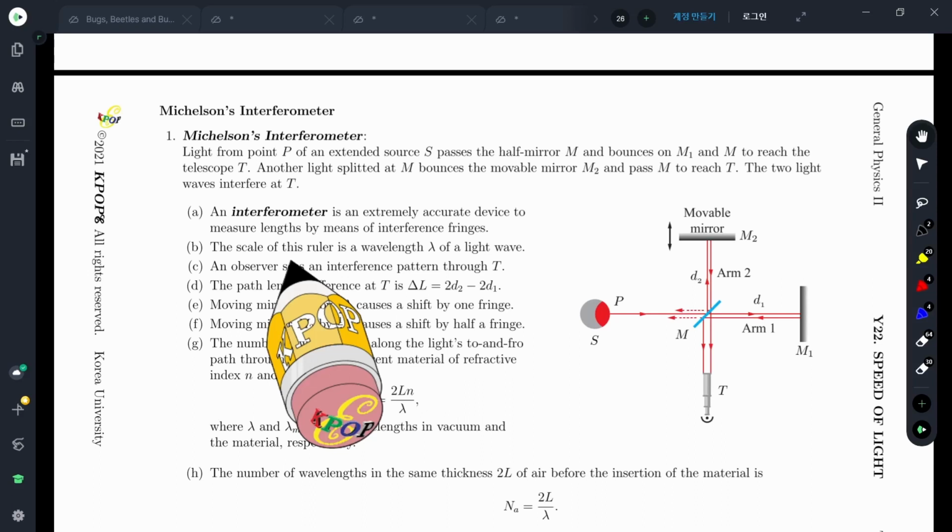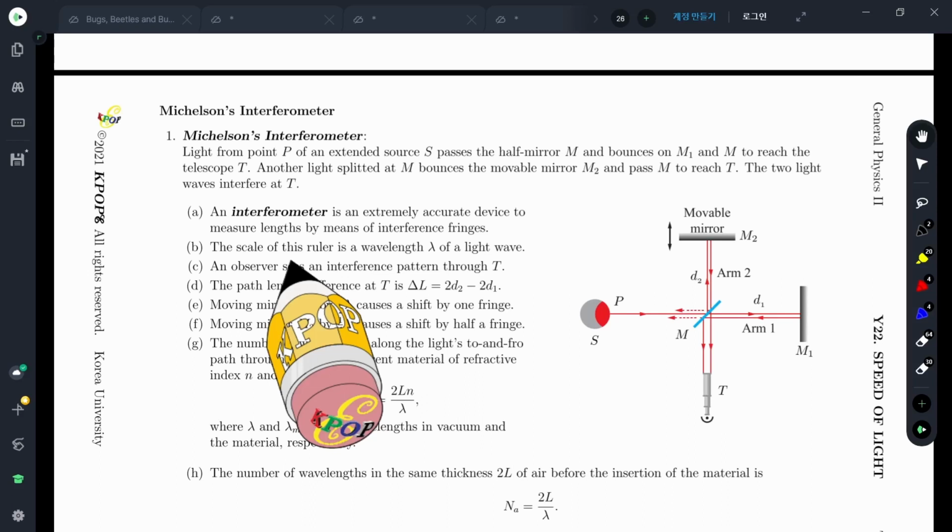For example, sound waves do not travel in a vacuum. However, the electromagnetic wave can propagate without any medium.